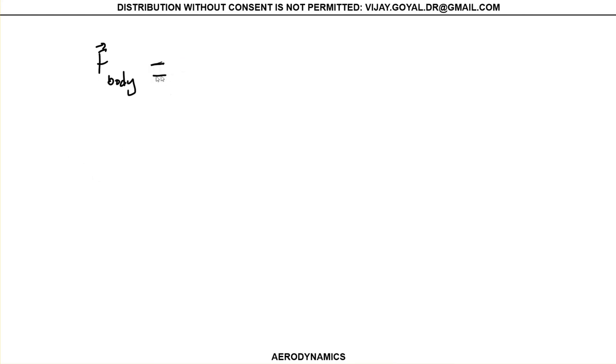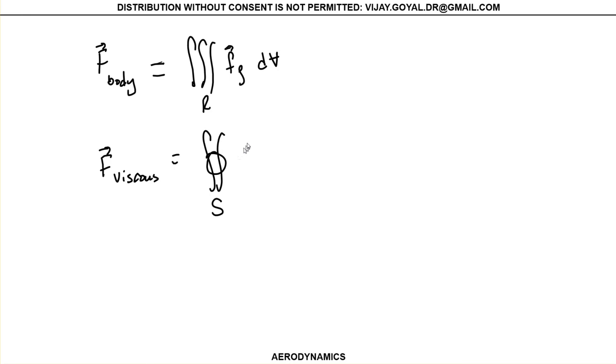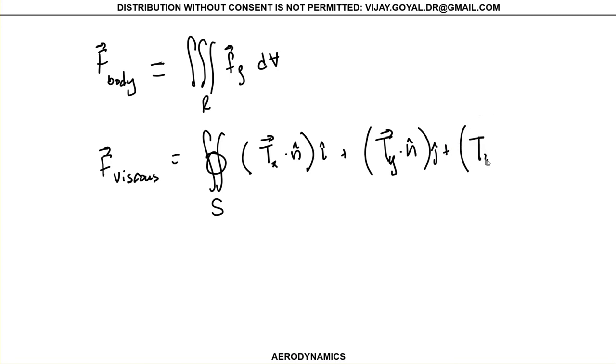So the body force over the control volume would be the integral of F rho dV, and your viscosity would be the closed integral over the area of Tx dot n times i plus Ty n j plus Tz n k, dS.